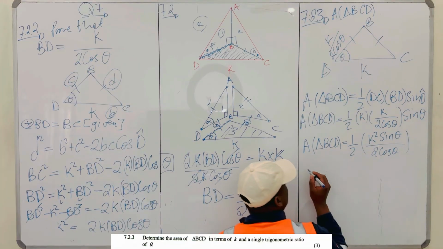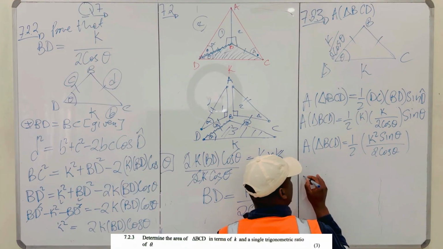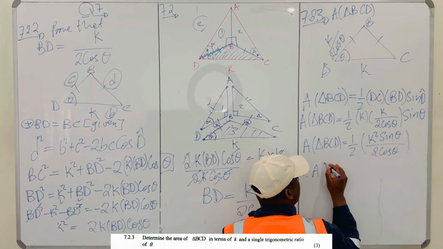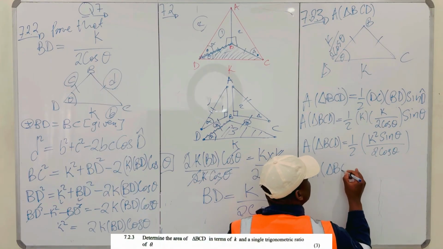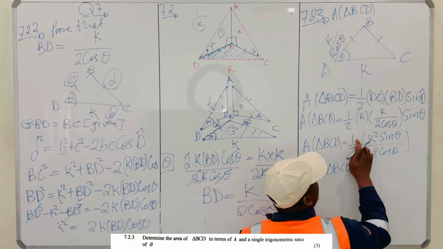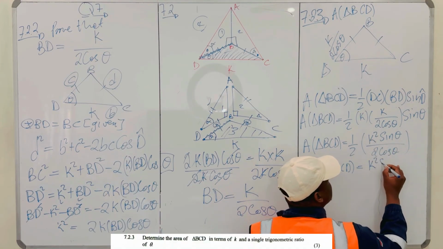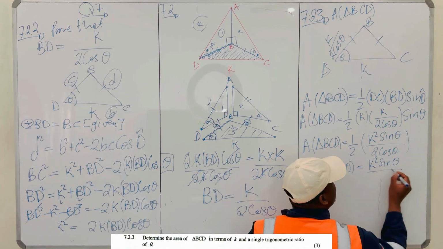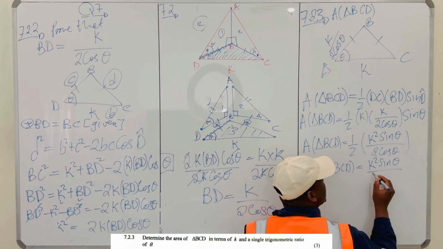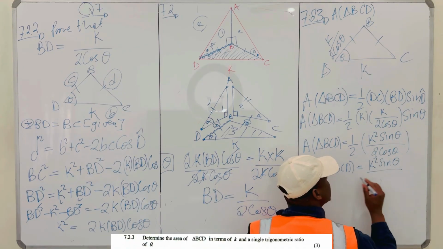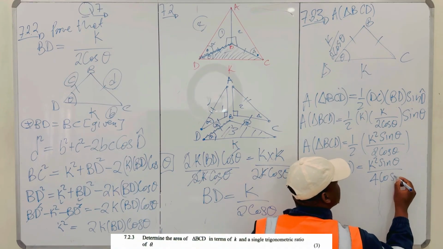Therefore, your area for triangle BCD is equal to 1 times K squared sine theta, so that is K squared sine theta all over 2 times 2 cos theta. That's 4 cos theta.